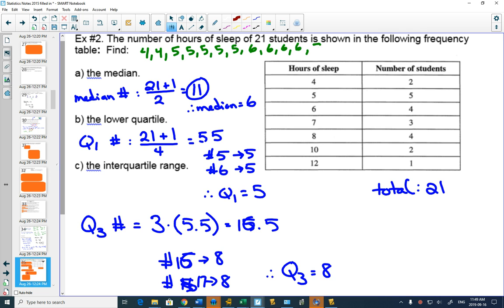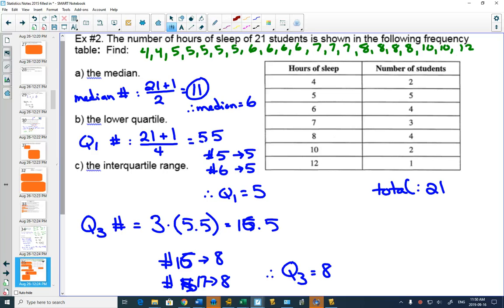And you can see why it gets a little annoying to have to write them all out. I'm going to run out of room even. Maybe not. 2 10s. 1 12. Nice. There's 21 items. Then you could count the one in the middle at 11 and see that it's a 6.